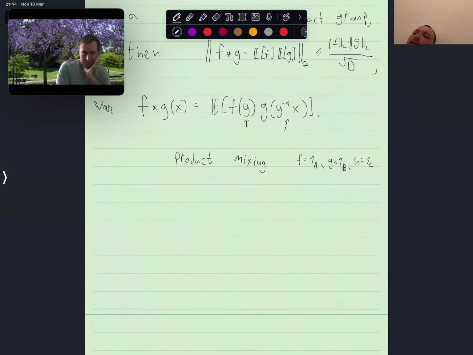The product mixing for the sets corresponds to the convolution of F and G in inner product with H being close to the product of the expectations.